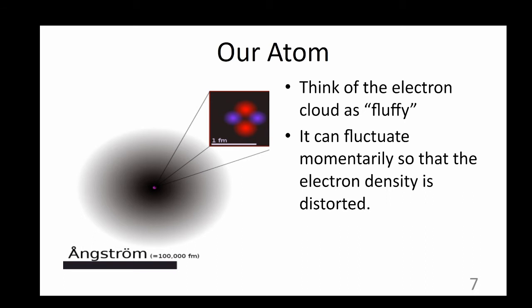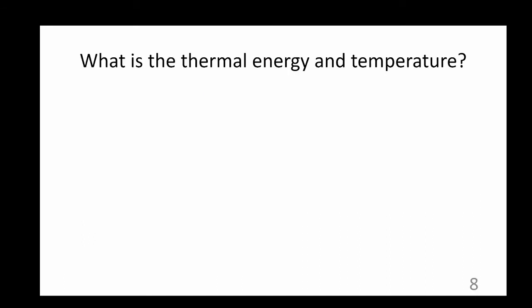For this, we will dive a little deeper into thermal energy and temperature. We can first just ask, what is thermal energy? And what is temperature? And even, what is the relationship between thermal energy and temperature? These questions will help us better explain how and why helium changes states of matter.